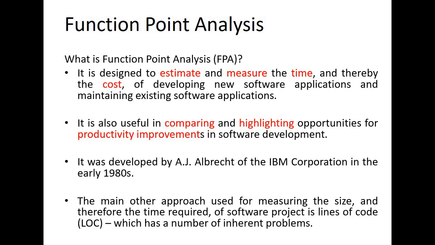Plus, lines of code always reward low level languages, because more lines of code are needed to deliver a similar amount of functionality compared to higher level languages, right? So in some languages we are writing 40 lines of code, whereas in some languages in just 2 or 3 lines of code we are able to get the things done.